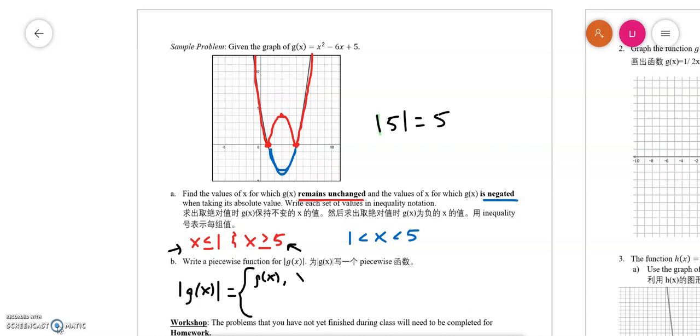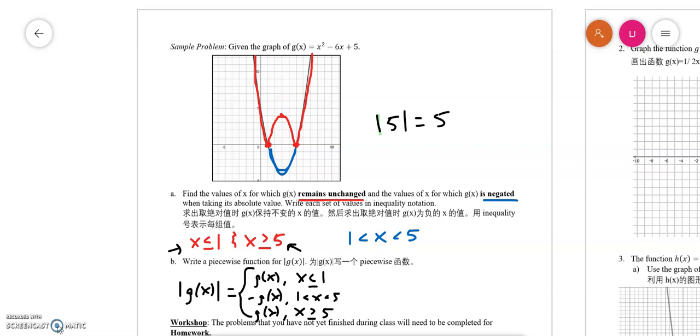That's going to be when x is less than or equal to 1, but also at the other end, when x is greater than or equal to 5. But in the middle, we had to flip it around, reflect it, or otherwise known as negating it. So negative g of x, when 1 is less than x is less than 5.